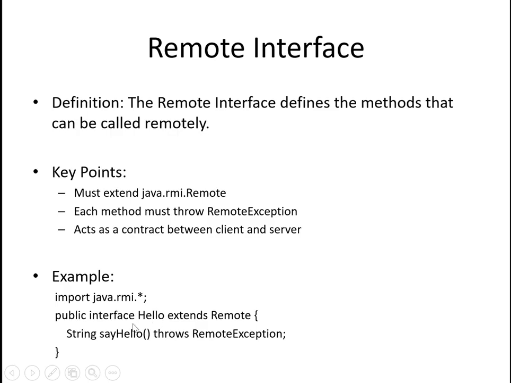That is why I'm using the statement Remote, and these are the methods that can be called remotely. If I don't use Remote, the method acts as a local method, and it restricts other computers from accessing it.